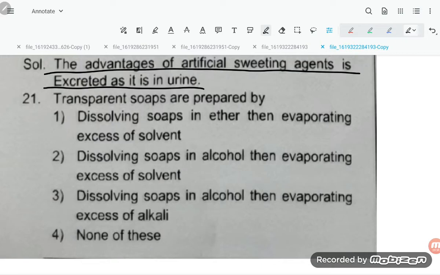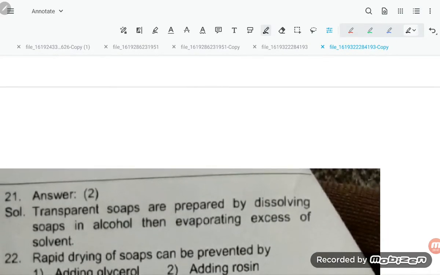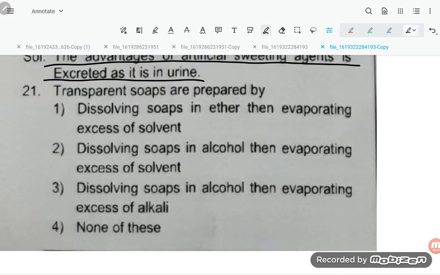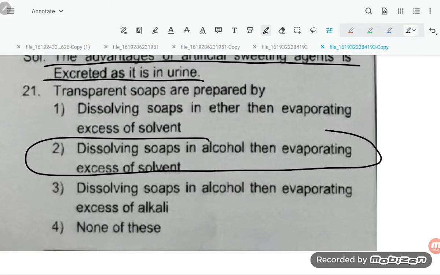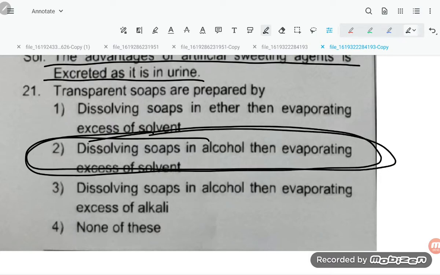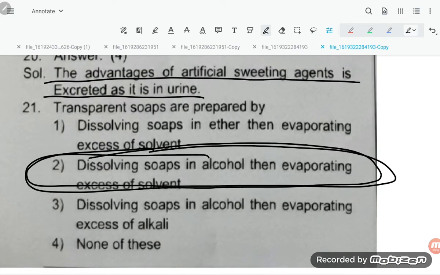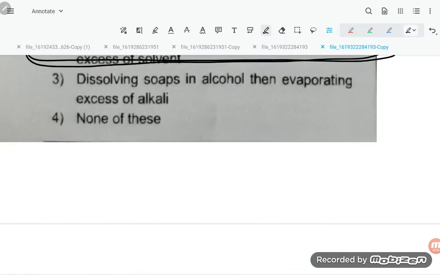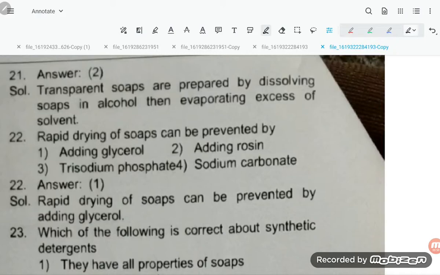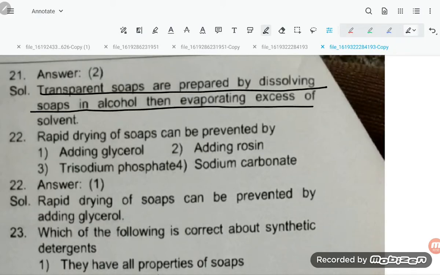Transparent soaps are prepared by dissolving soap in alcohol, then evaporating the excess of solvent.